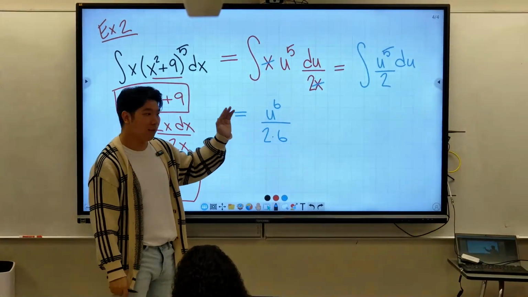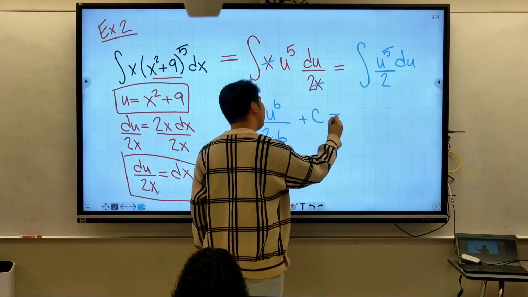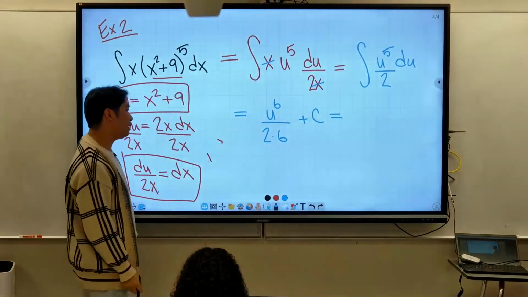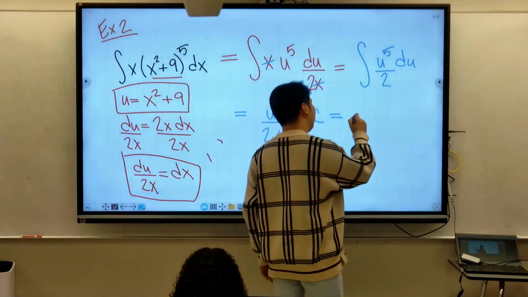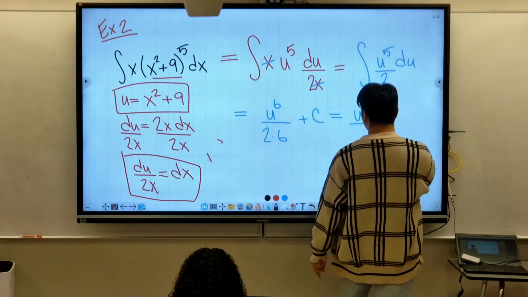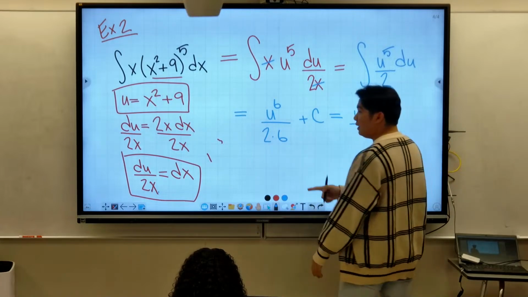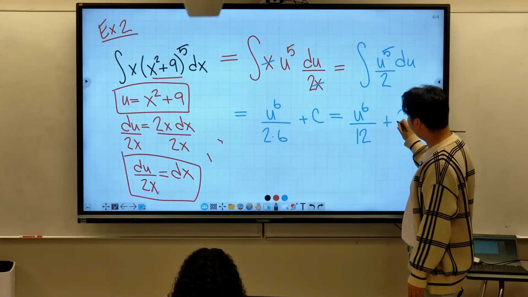Dividing by 6 puts the 6 down there. Plus c. And now we're going to continue to clean this up. U to the 6, for now, I'm going to leave that alone for this step. 2 times 6, we get 12, plus c.